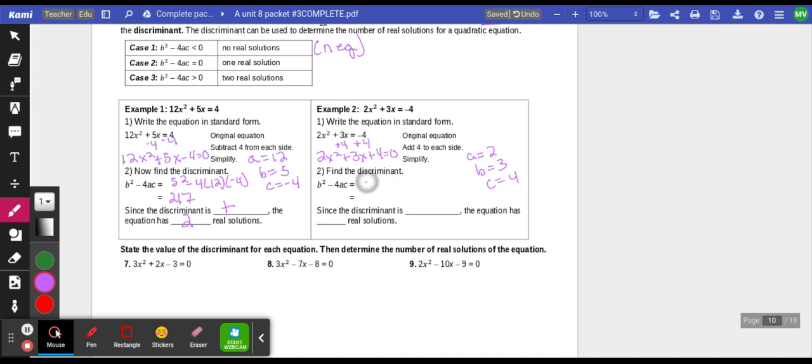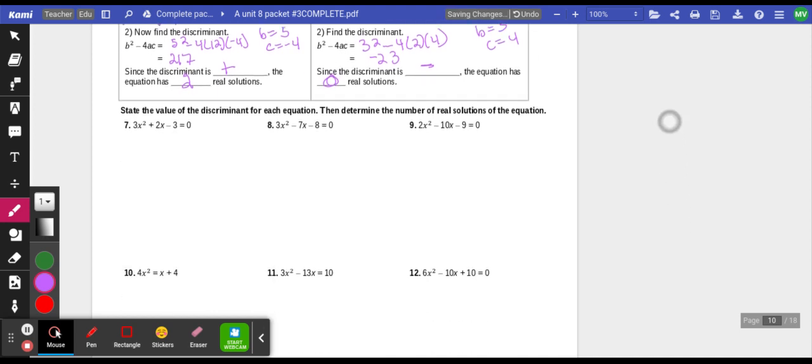I substitute, so it's 3 squared, because b is 3, minus 4 times 2 times 4. So I do that on my calculator, which gave me negative 23. Since the discriminant is negative, there are 0 real solutions.